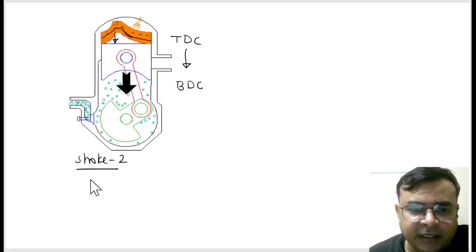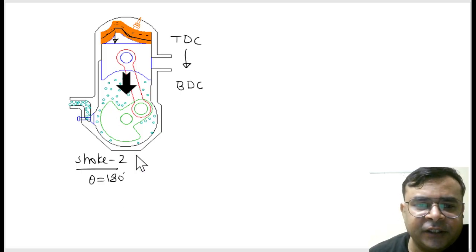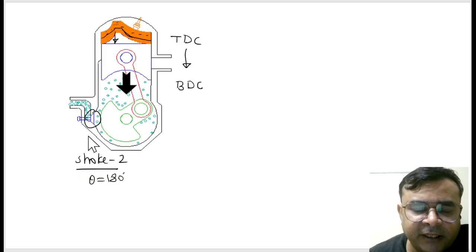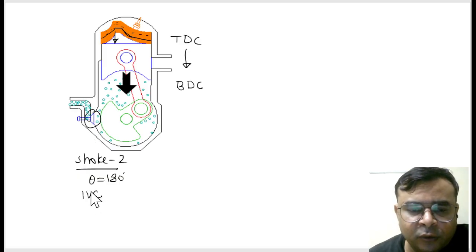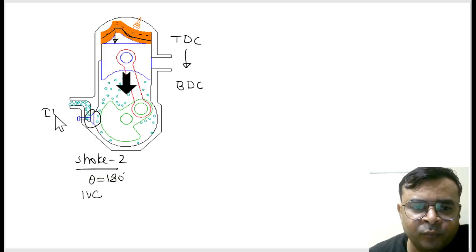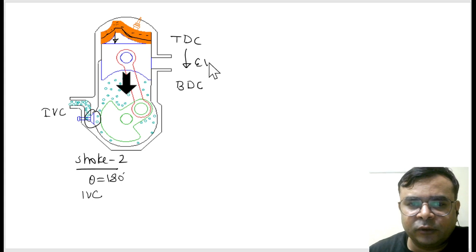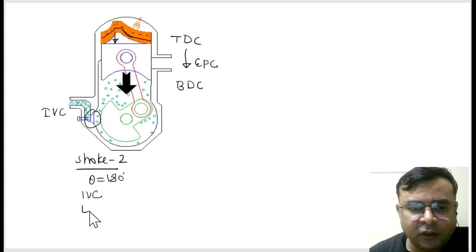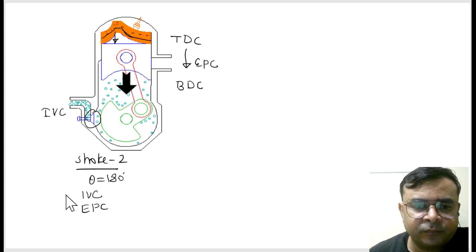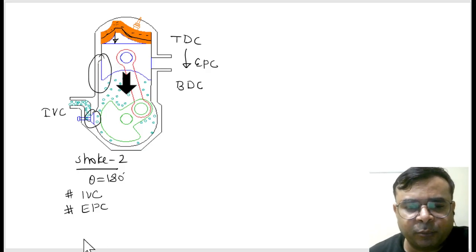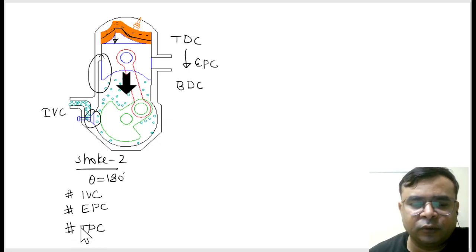Again, can I say the crank will rotate 180 degrees, is it right? And at that stage, what is happening here? You can see the inlet valve gets closed. The exhaust port is also closed, is it right? And similarly, this is the transfer port, so the transfer port is also closed.